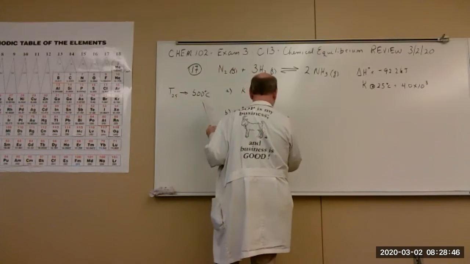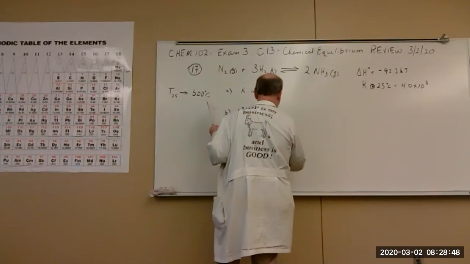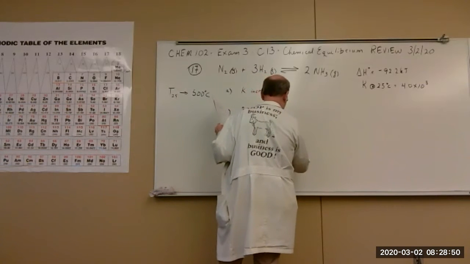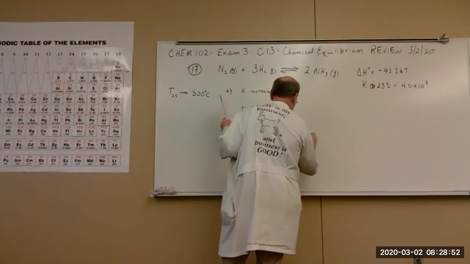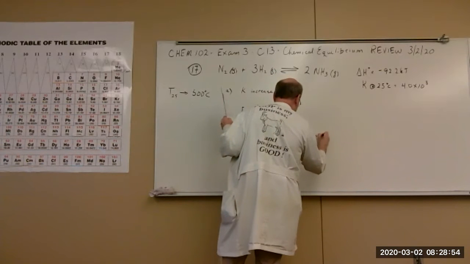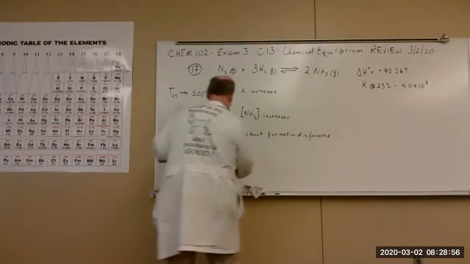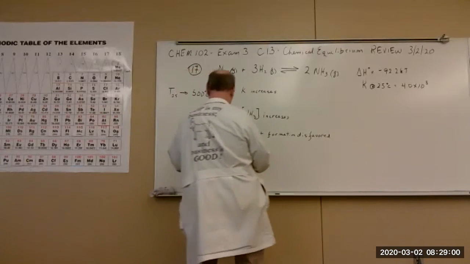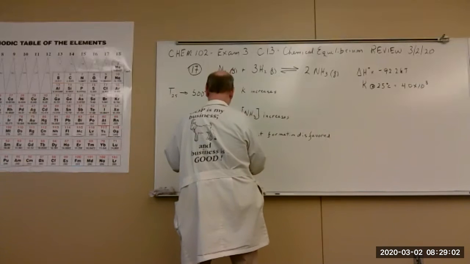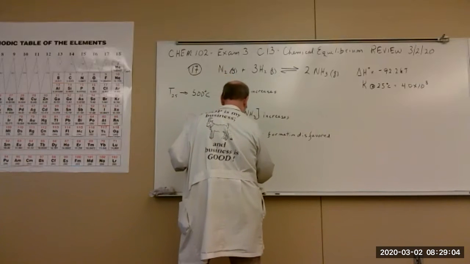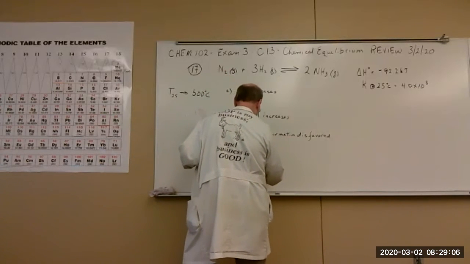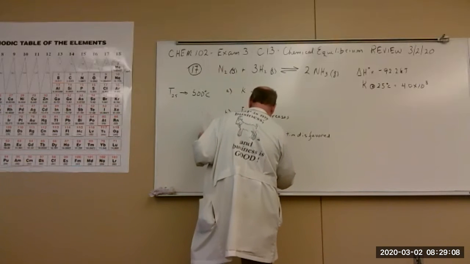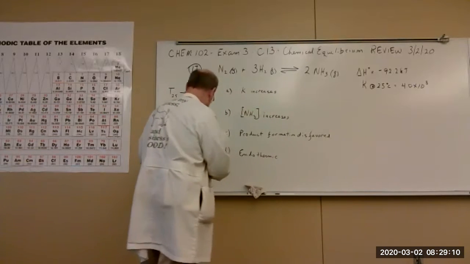Product formation is favored. E, N2 with H2 to form ammonia is endothermic. And E, none of the above.